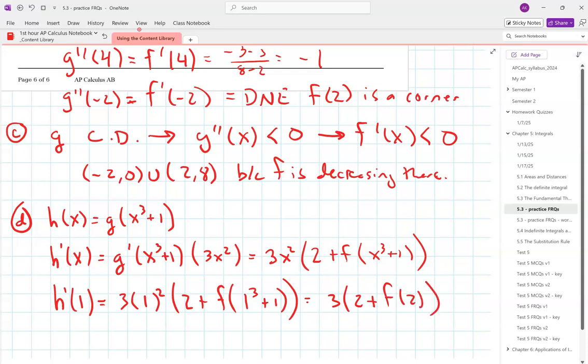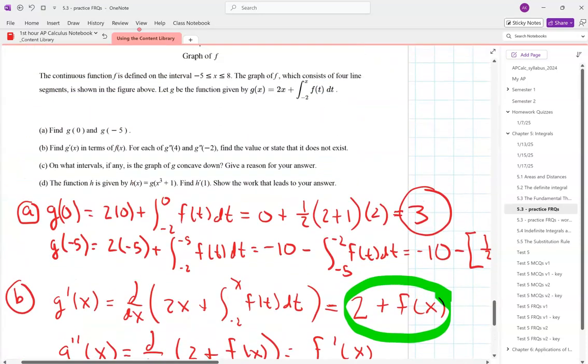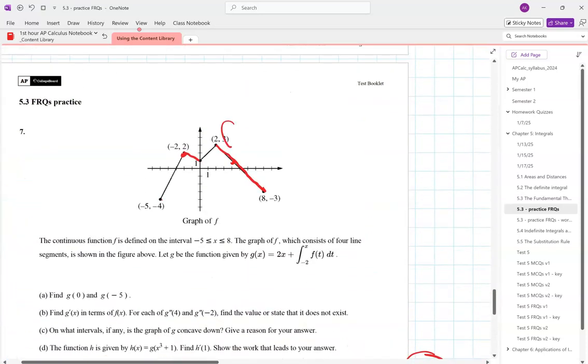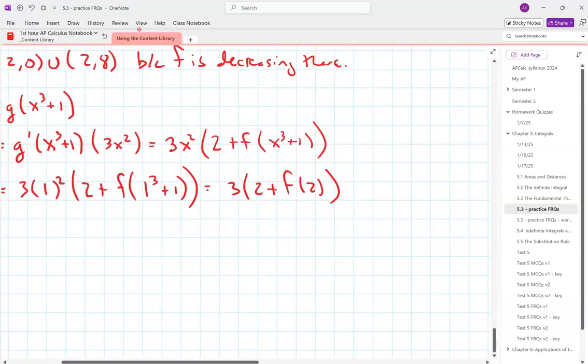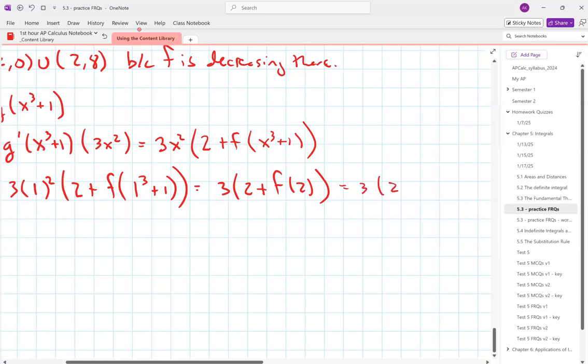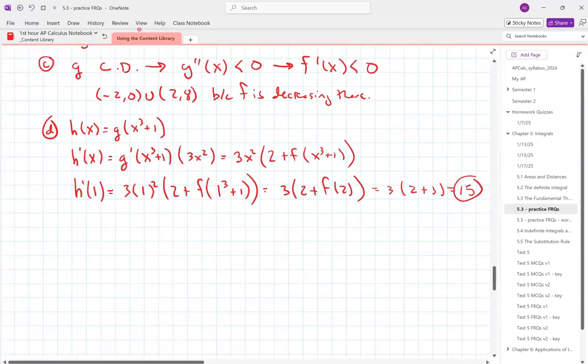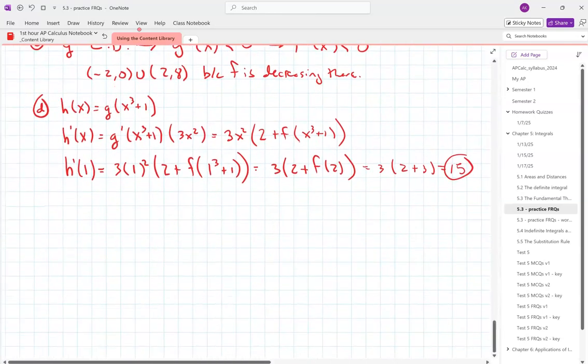And f of 2, I can just read from the graph, which is 3. So I get 15. That felt okay?